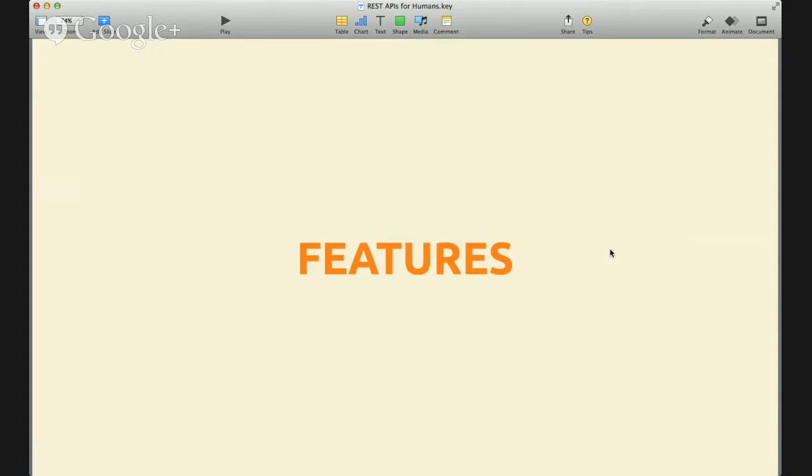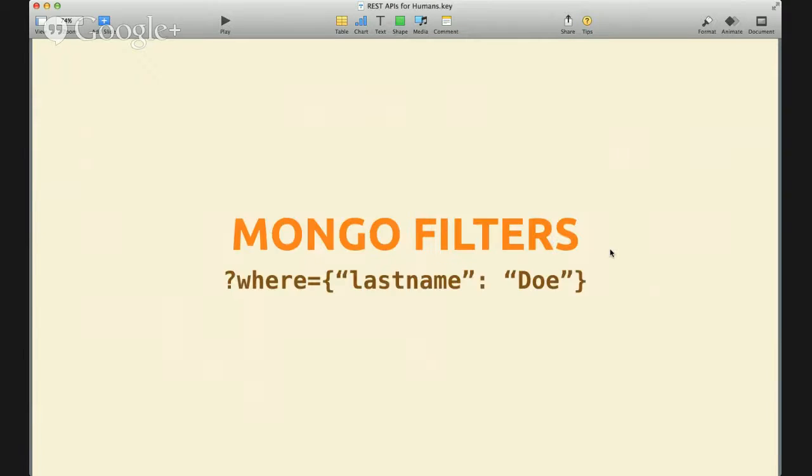So once your settings file is ready, you get a number of features for free on your API. For example, you have filters. At this moment in time, we support two kinds of filters. Mongo filters. Here you see an example where we are querying our endpoint for last name.